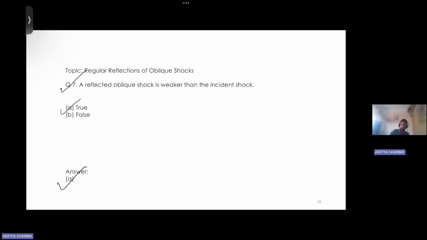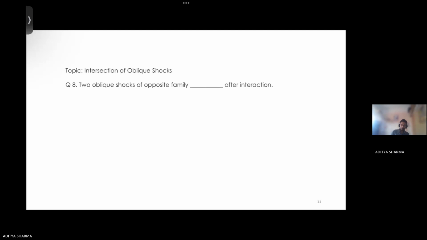So moving on to our next question, question number 8. This was the last topic of lecture 18. Now we have question number 8 in front of us, and the question is on intersection of oblique shocks.